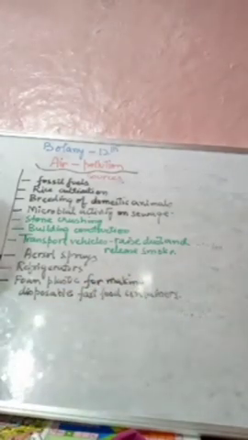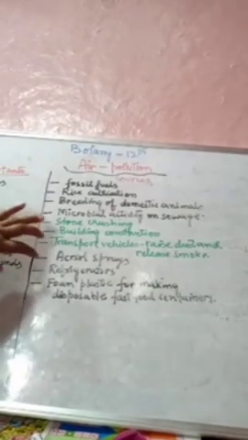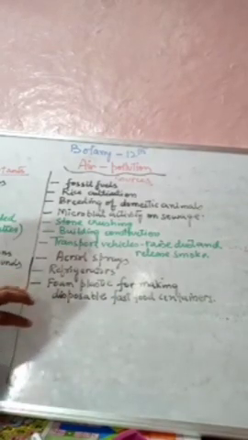So we have one more, chlorofluorocarbons and chloro compounds: aerosol sprays, refrigerators, and then the foam plastic for making the disposable fast food containers. Then let us proceed further.